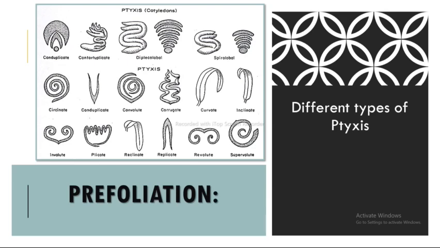The next type is the replicate ptyxis. In the replicate ptyxis, the lamina is folded once abaxially along the midrib or midwing. Now the question is, what is meant by abaxially? It means away from the axis, the lower surface of the leaf or dorsal.